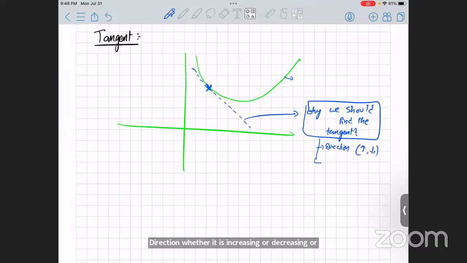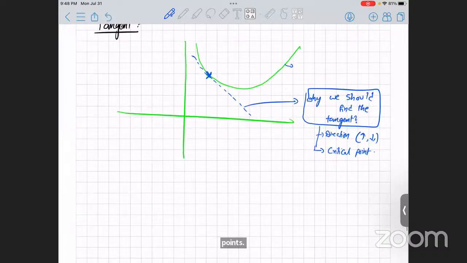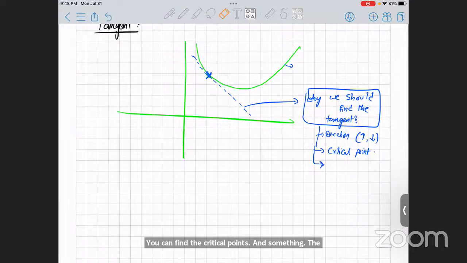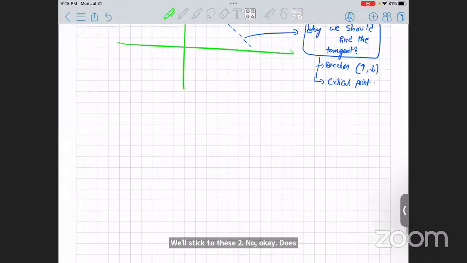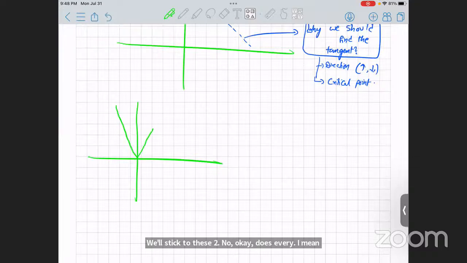And there is something known as critical points. You can find critical points too. These two are discussed in the course, so we'll stick to these two. Someone said that when there is a sharp point, you can't differentiate at this sharp point.